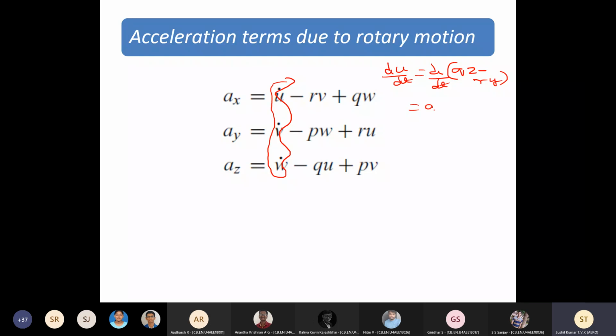You'll get q dz by dt minus r dy by dt. But we know that dz by dt is nothing but the displacement rate in the vertical direction. So it's nothing but q times w minus r times dy by dt, which is velocity along the y-axis. So it is rv. Similarly, you have to do this for the other components also.